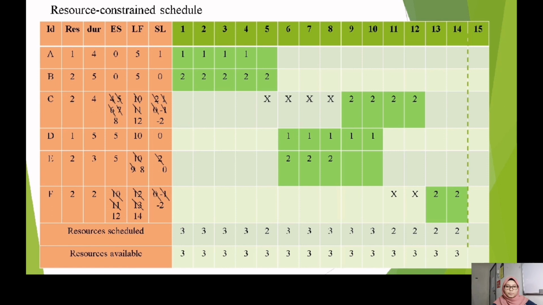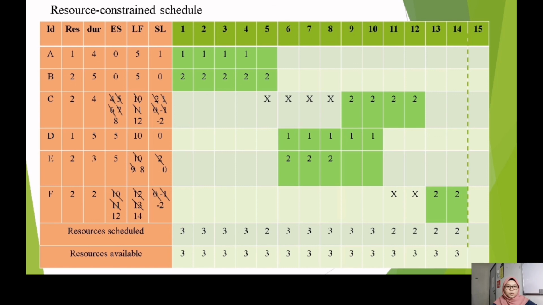So to make up the negative value, we take 2 slack from ID E and replace it at day 11 and 12. So the slack at ID E becomes 0, and the late finish we minus by 2, which will be 8.